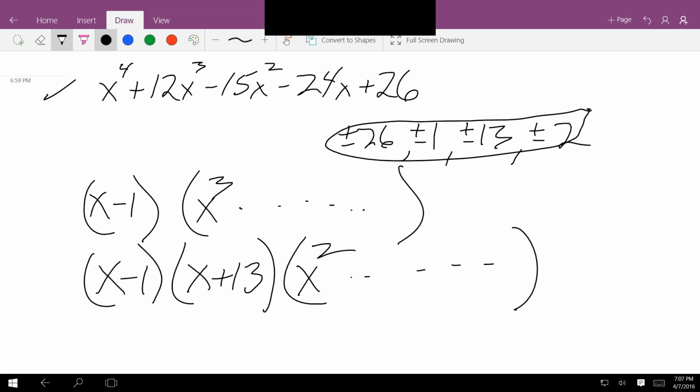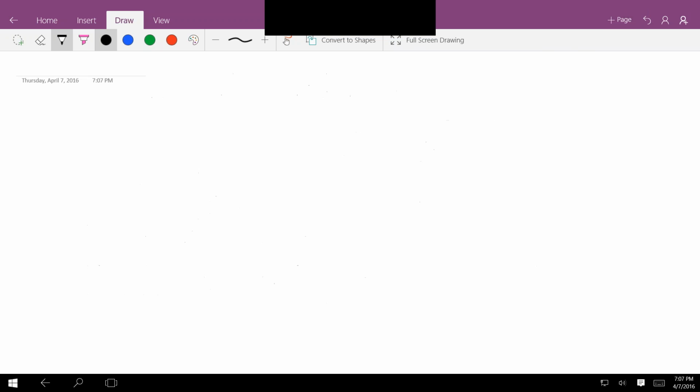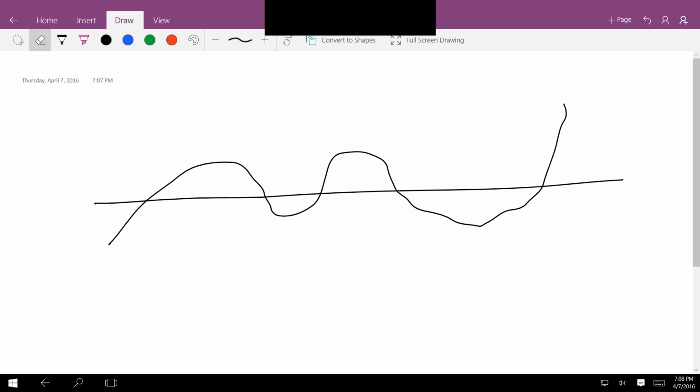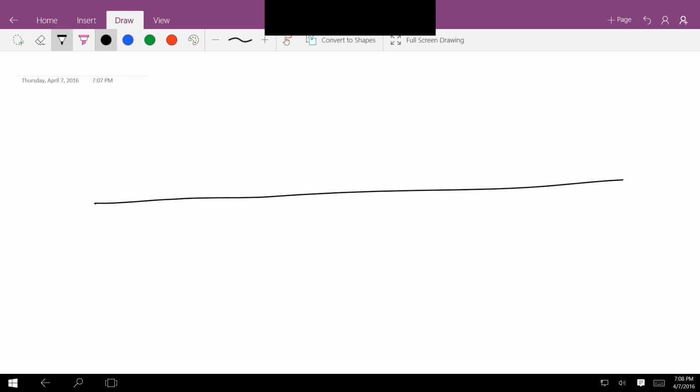And the way you have to do it is kind of like this. Let's say the function ends up looking like that. It's a quartic, so I have 1, 2, 3, 4. It's not going to look quite like that. It's going to look like this.